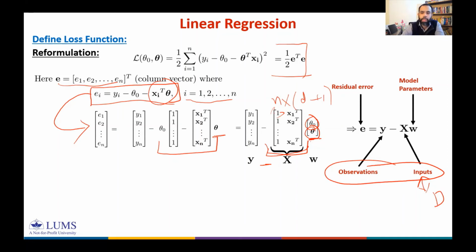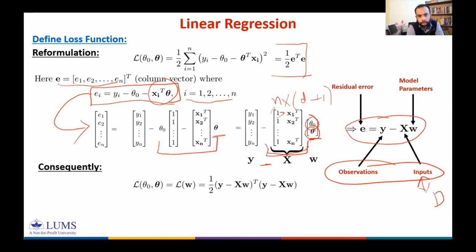If I use this formulation of error, I can write my loss function in a compact form. That is half (y minus xw) transpose times (y minus xw). I've simply substituted this error in this equation, and what I get is this equation.